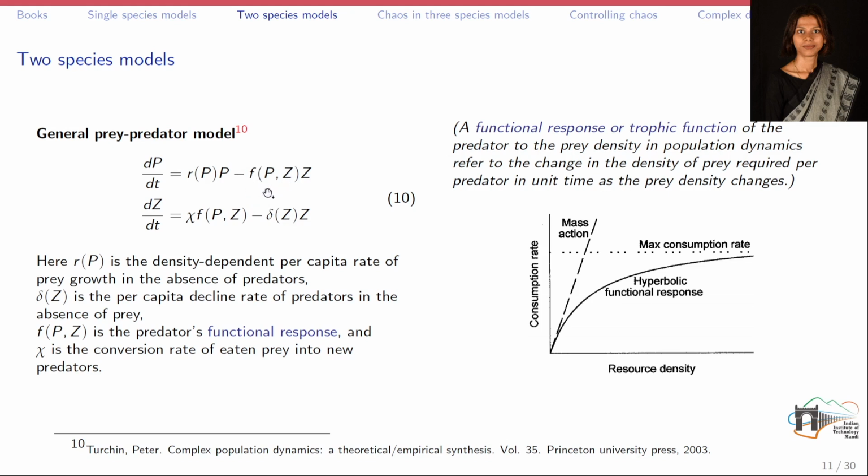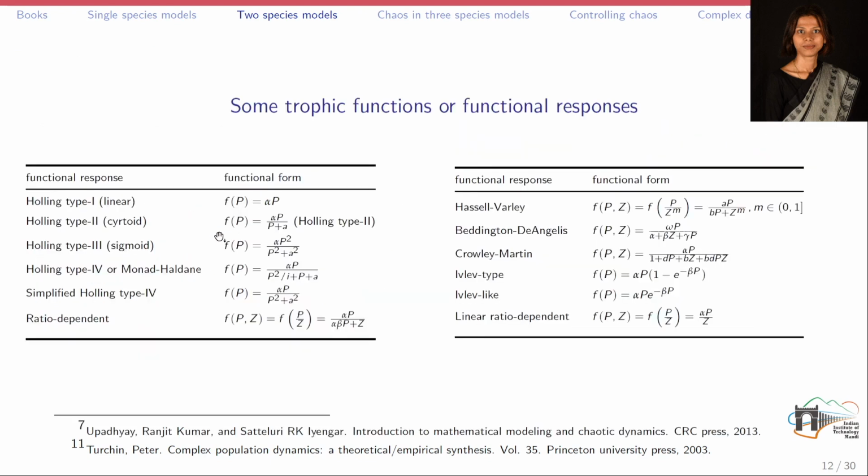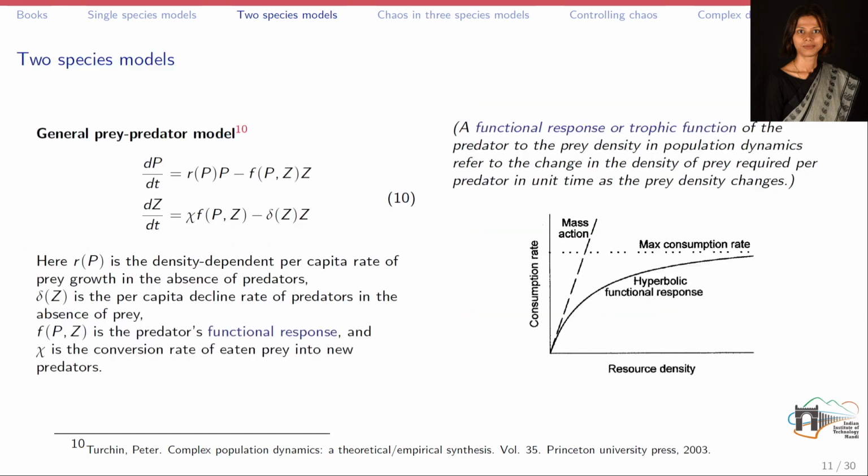For example, if we assume that the predator consumes the prey population using a Holling type 3 functional response or Beddington type functional response, that would be represented by this term f(P,Z) here. And xi is the conversion rate of eaten prey into numerators.